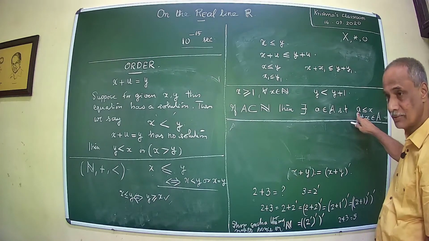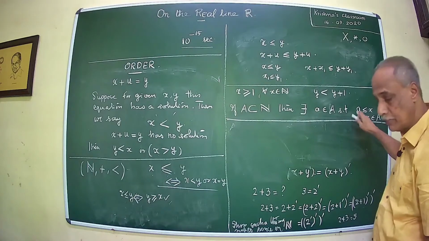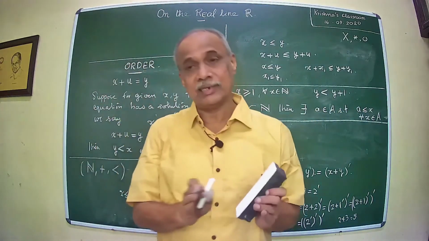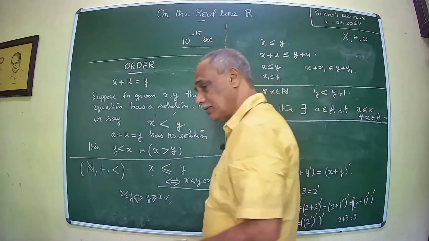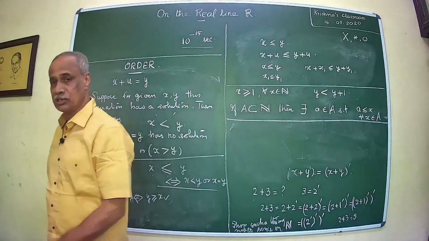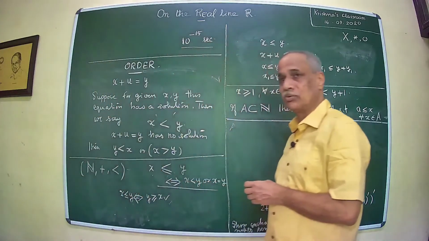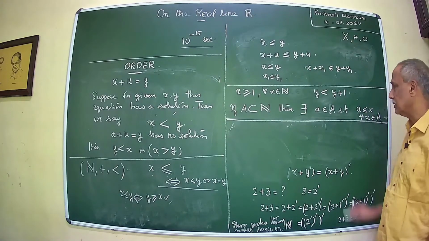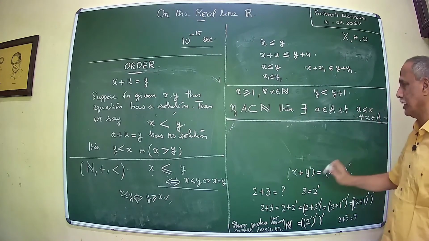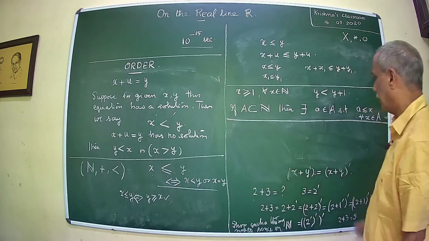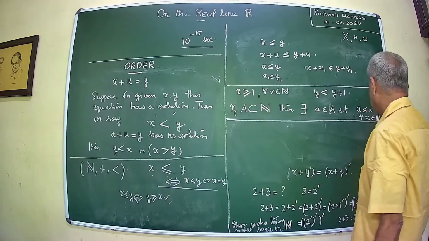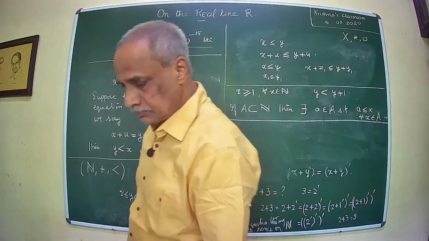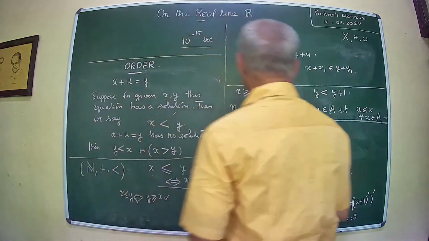There is a smallest element in any subset of n. This is true. But can you say there is a largest element in every subset of n? It's not possible. Take just the even natural numbers. Does it have a greatest element? No. So this is the statement that we can make about n. Every subset in n has a least element. Okay. That is something about the order.